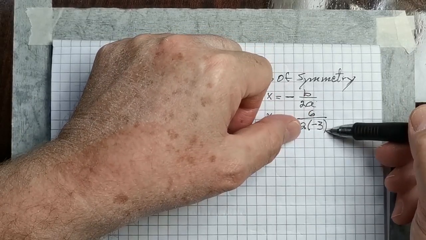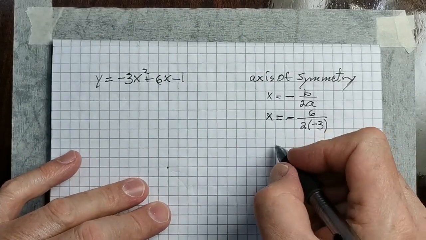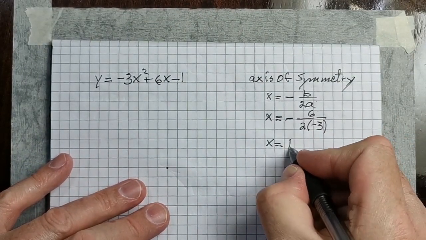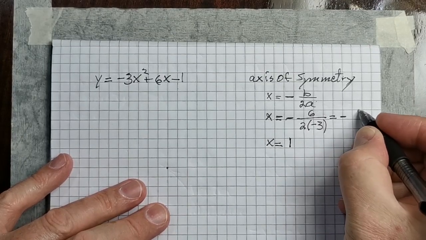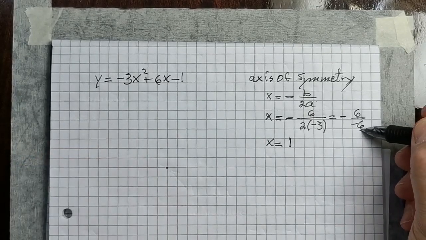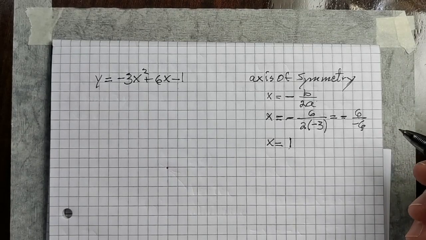What's 6 divided by minus 6? It's negative 1, but then I have a minus in front of that, so it becomes plus 1. So it turns out that x is equal to 1. If I want to do it in 2 steps, I can put a minus here: 6 over minus 6. 6 divided by minus 6 is negative 1, with another negative in front makes it positive 1. x equals positive 1.